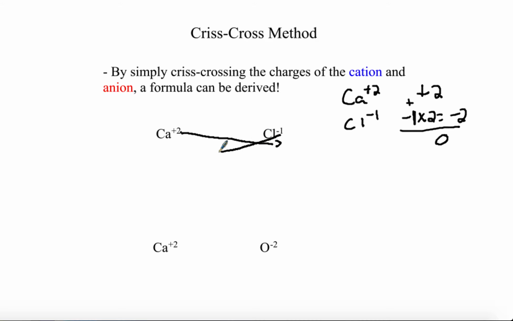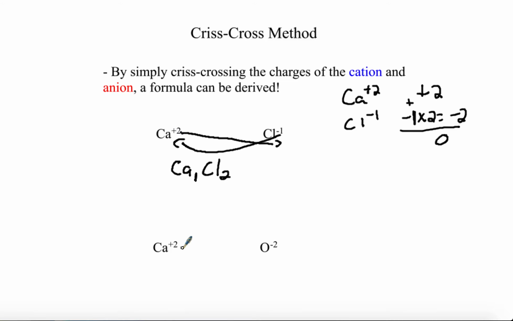The 1 from the chlorine goes down to the calcium. So that 1 from the chloride anion is now part of calcium, so Ca1. The 2 from the calcium now goes down to the chlorine, you have Cl2. That's the crisscross method. It is as simple as just dragging the charges down to the other atom and making them a subscript rather than an exponent.